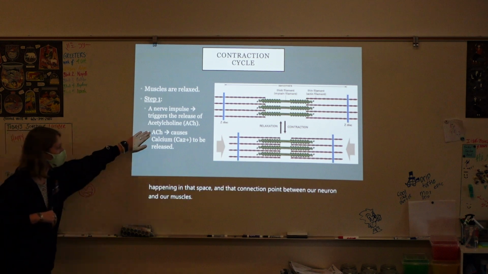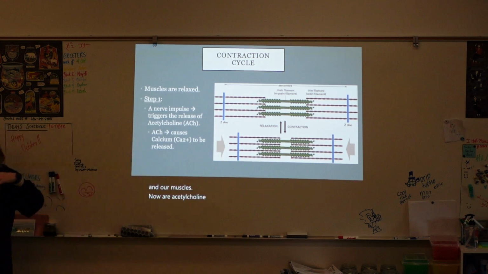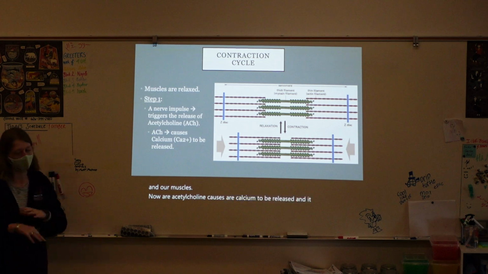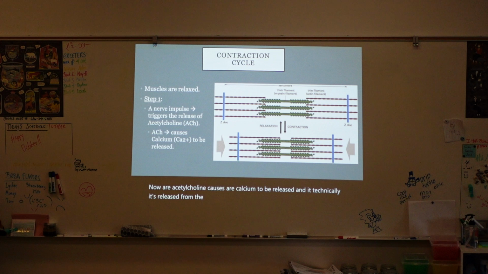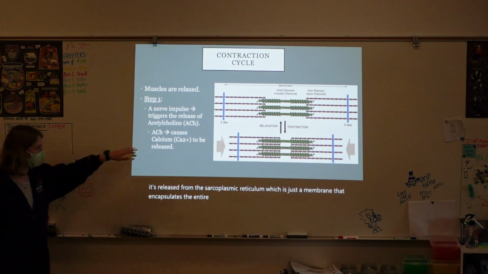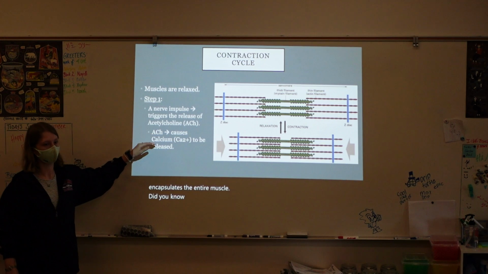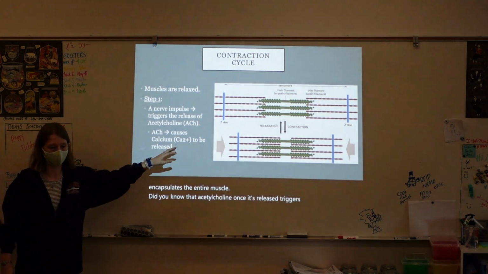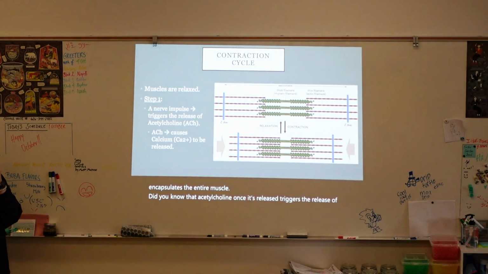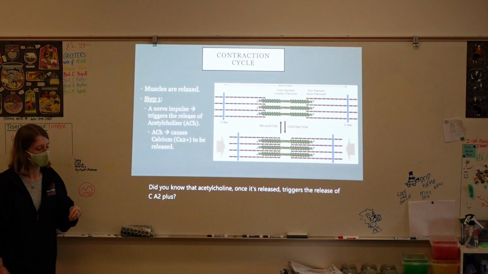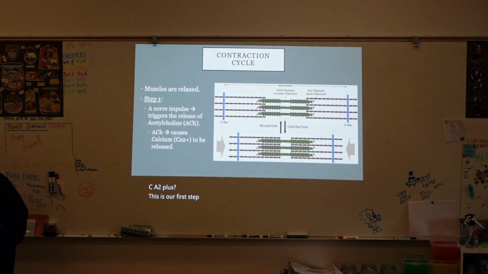Now, our acetylcholine causes our calcium to be released, and technically it's released from the sarcoplasmic reticulum, which is just a membrane that encapsulates the entire muscle. You just have to know that acetylcholine, once it's released, triggers the release of Ca2+. Okay. So this is our first step in contracting.